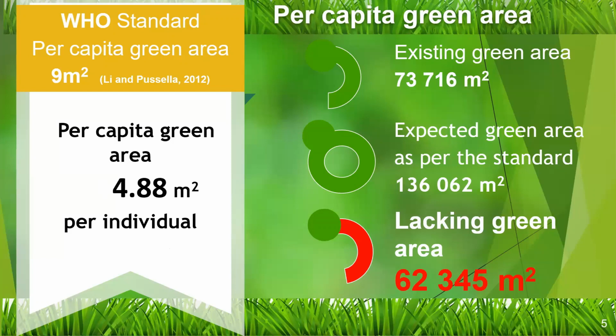And when we look at the initial value, it was 11 square meters in the 80s. So we can see there is a lack of some green area if we are to meet the WHO standard.